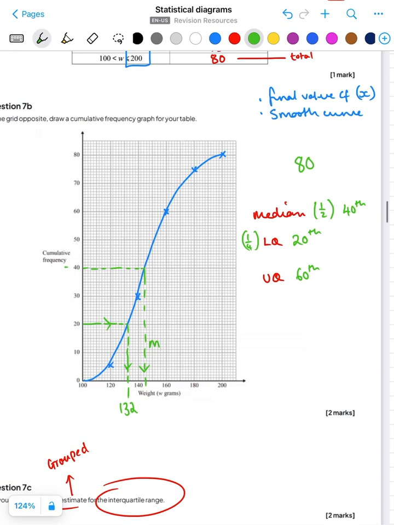Everyone's will be different, which is why it's only an estimate, because it will be where you have drawn your curve. But you will have a range of answers that are accepted. And then the 60th potato is about 160 grams. So the interquartile range is 160 minus 132, which is 28.